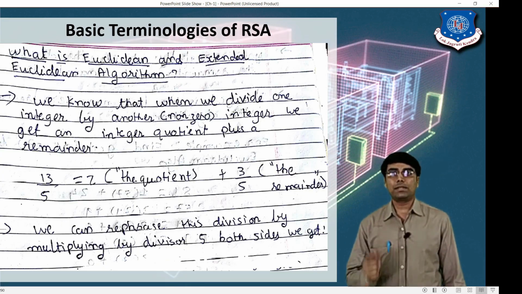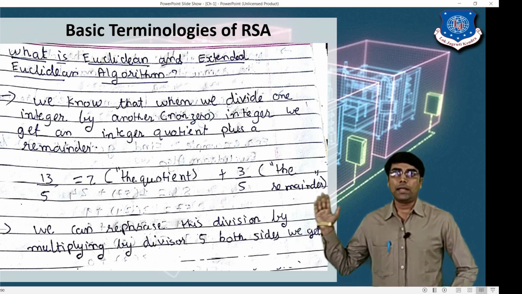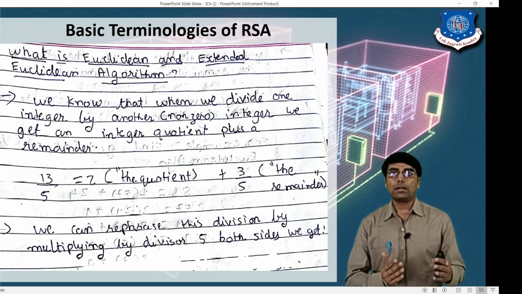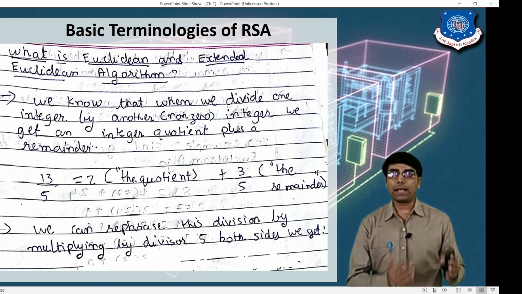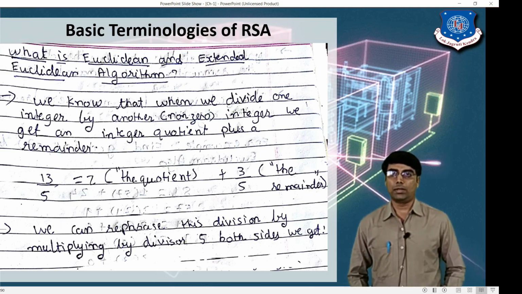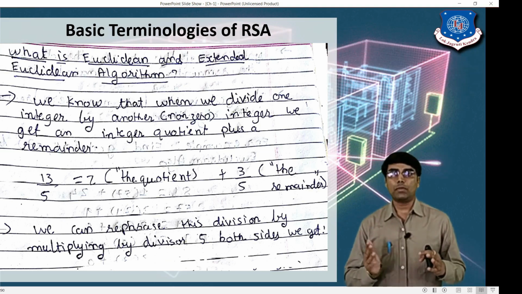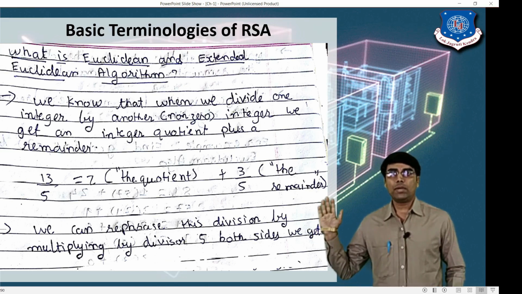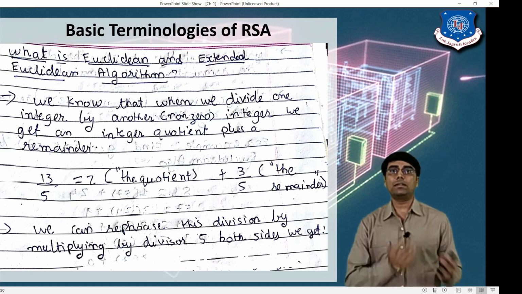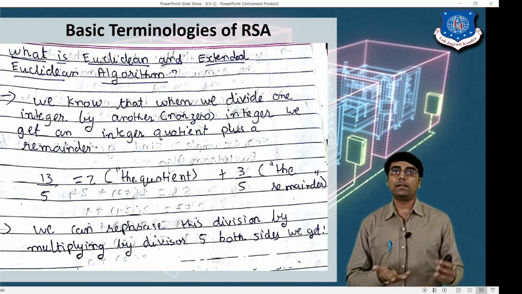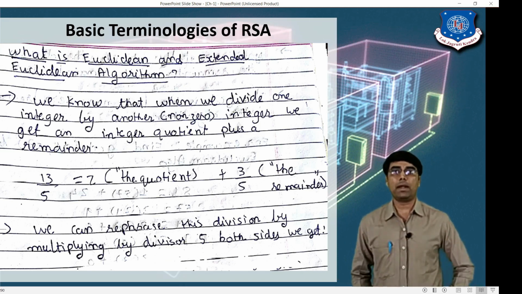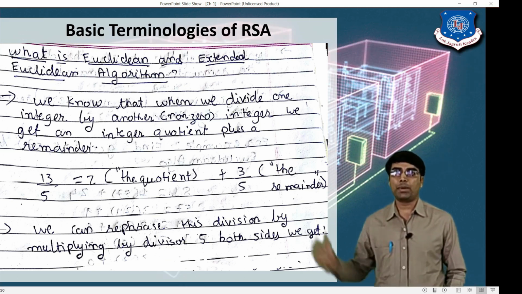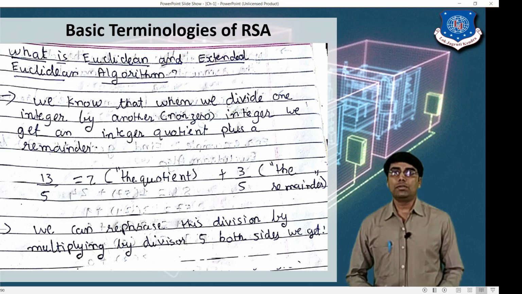Now let's see the next terminology, the Euclidean and extended Euclidean algorithm. As you know, when we divide one integer by another integer, we get an integer quotient plus a remainder. Let's take one example, 13 divided by 5.